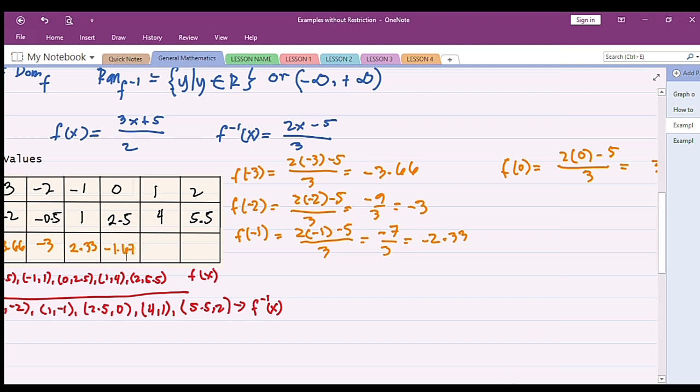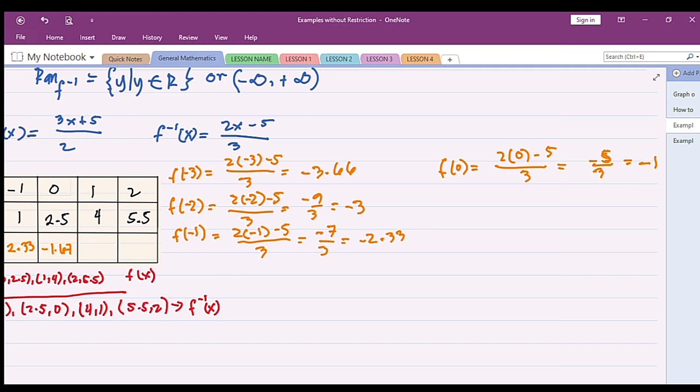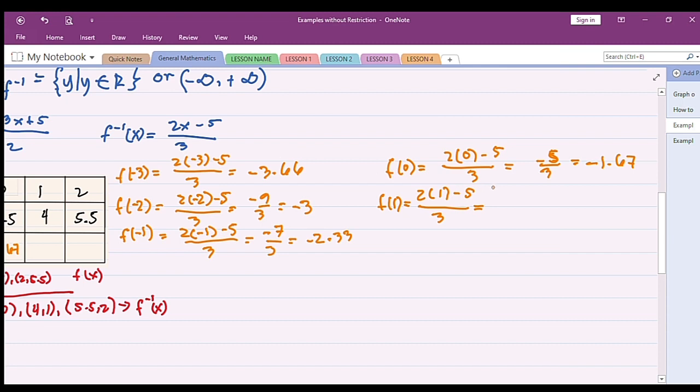Next, we have f of 1. The value of x is equals to 1. We have f of 1 is equal to 2 times 1 minus 5 all over 3. 2 minus 5 all over 3 is equals to negative 3 over 3, or negative 1.